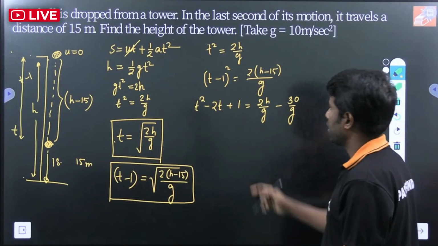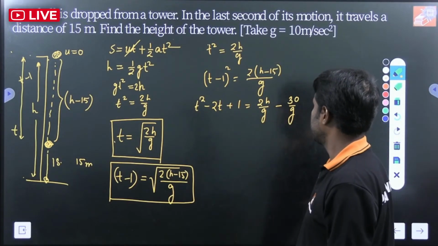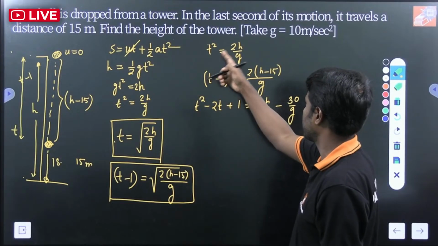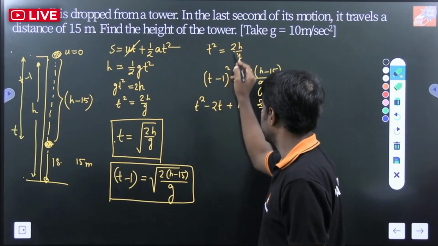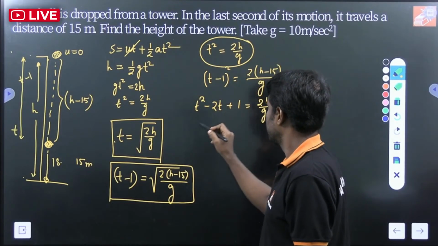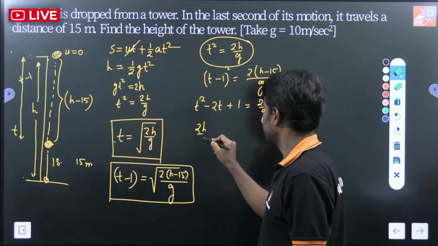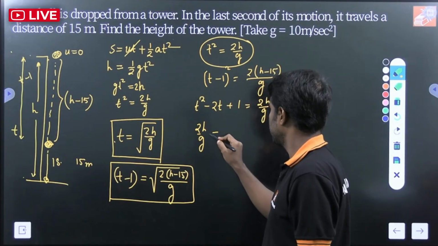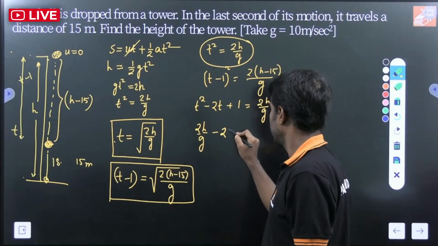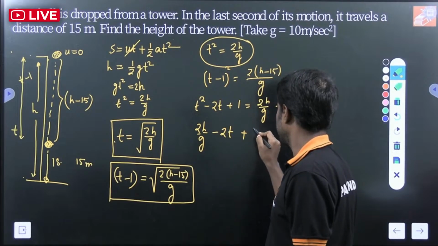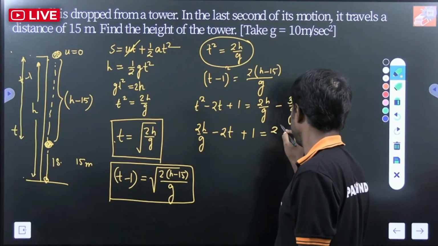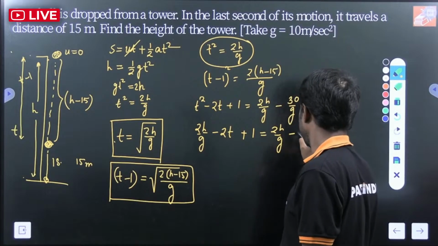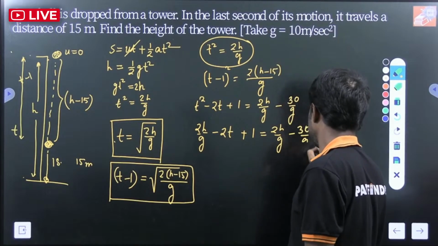Now from the right side, we put t square equal to 2h by g from this relation. So that gives 2h by g minus 2t plus 1 equals 2h by g minus 30 by g.